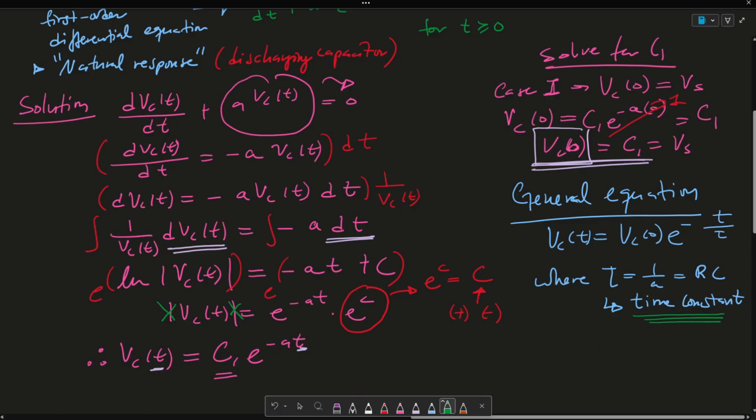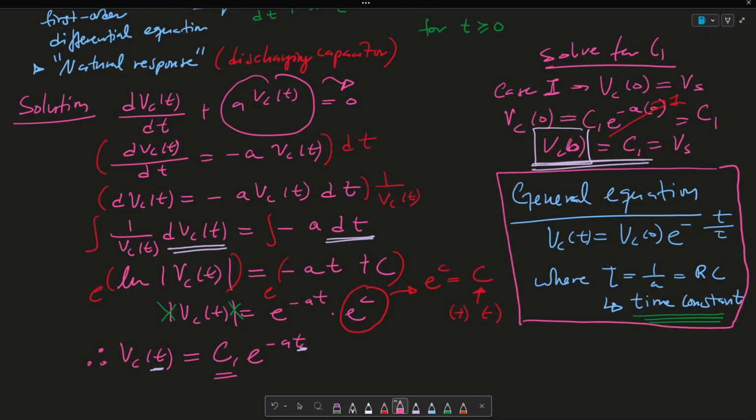I don't want to dive too much into what it is, but for an RC circuit it is equal to RC. So this becomes your general equation right here. This is the solution, or what we really wanted to get from this source-free RC circuit.